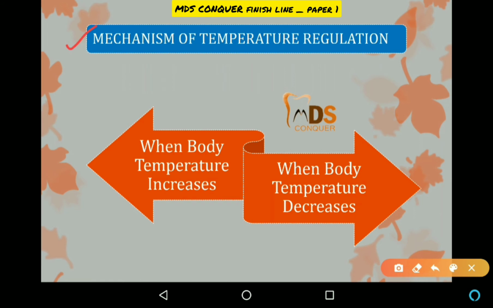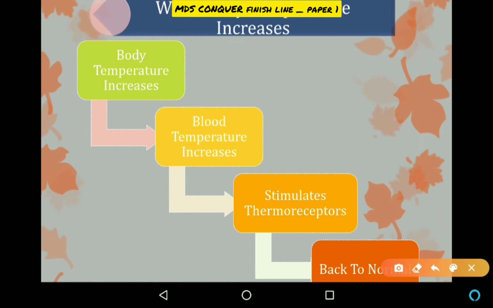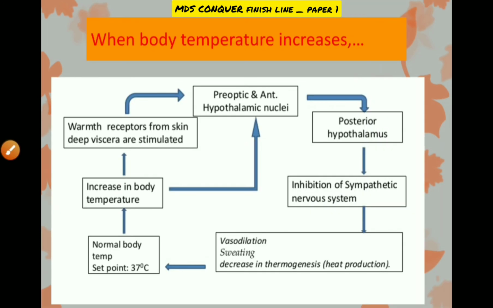The mechanism of temperature regulation can be seen when body temperature increases or when body temperature decreases. When body temperature increases, blood temperature increases and stimulates the thermoreceptors, which bring it back to normal.